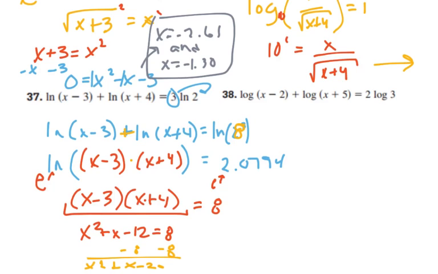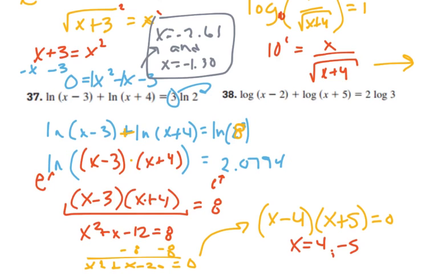Ooh, which is totally factorable, so that's nice. Let's double check that that's it, yep, x squared plus x minus 20 can come from x minus 4 times x plus 5. So that means our x's are 4 and negative 5. Oh, that was so much nicer than the previous ones.